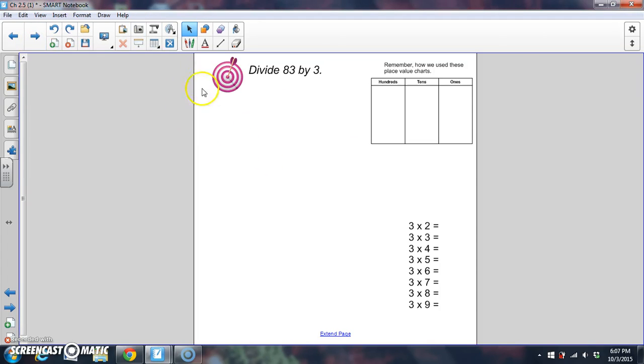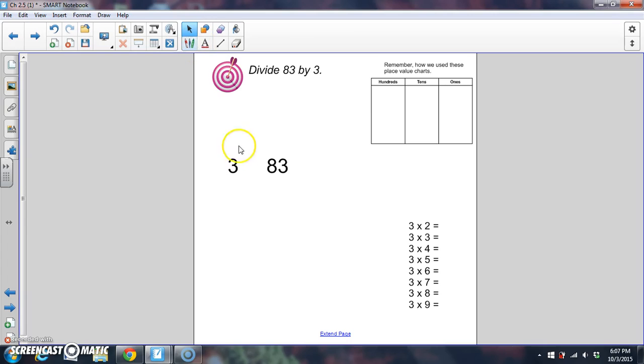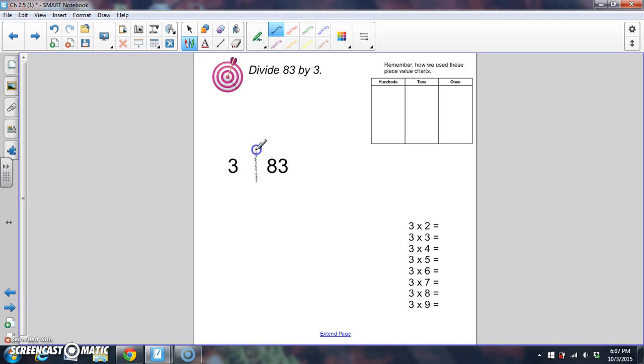Today we're going to divide 83 by 3. So let's give this a shot. First thing I'm going to be doing is thinking about my facts with 3.